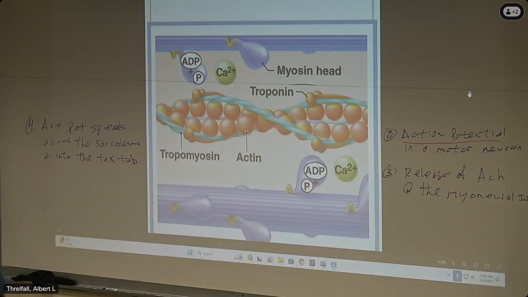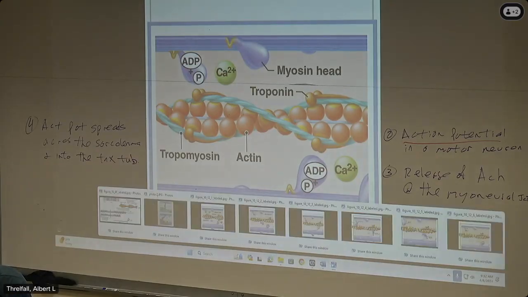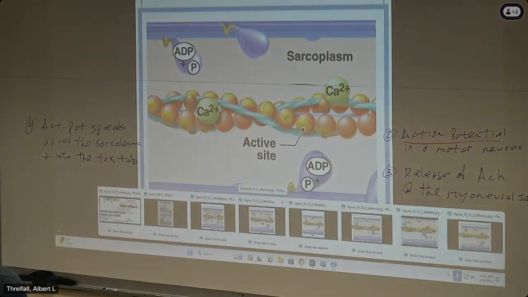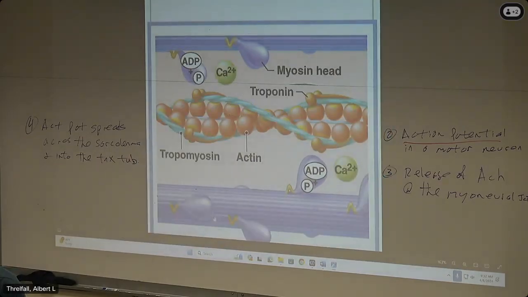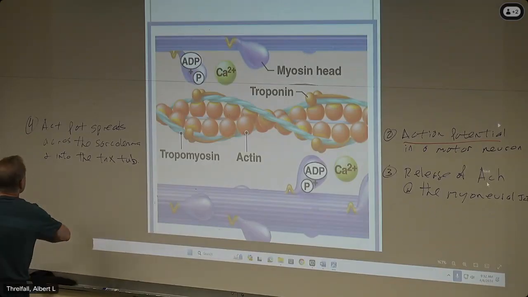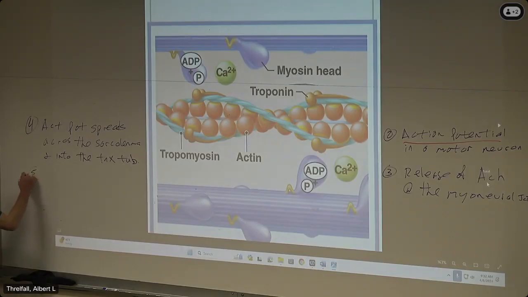Where's that calcium come from? Know that when calcium comes into play, there it is, it binds troponin and the binding site's exposed. But where does the calcium even come from? So the action potential spreads across the cell membrane and into the transverse tubules.